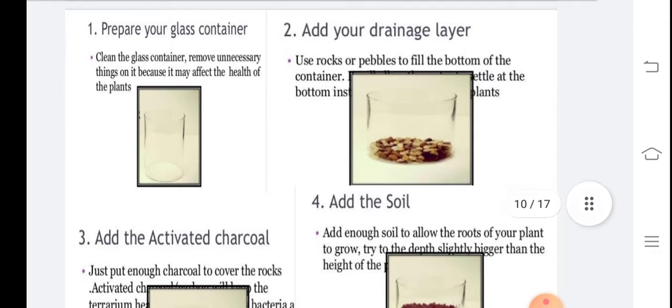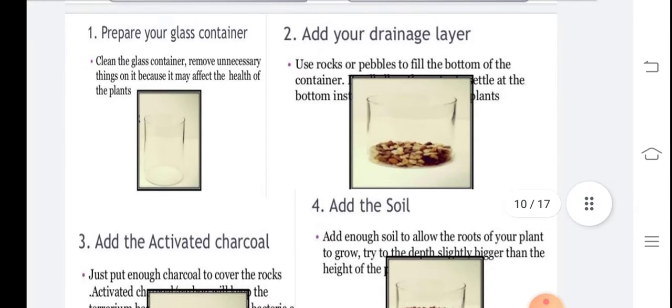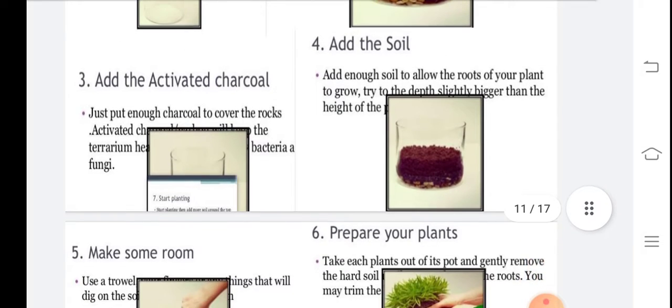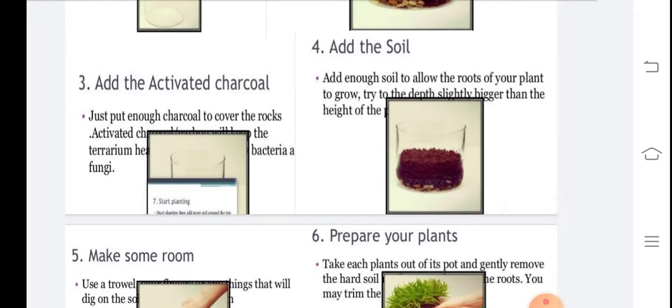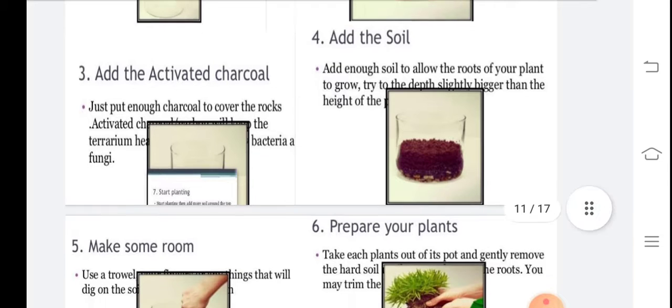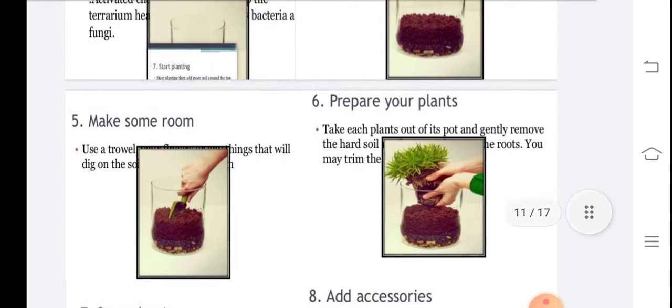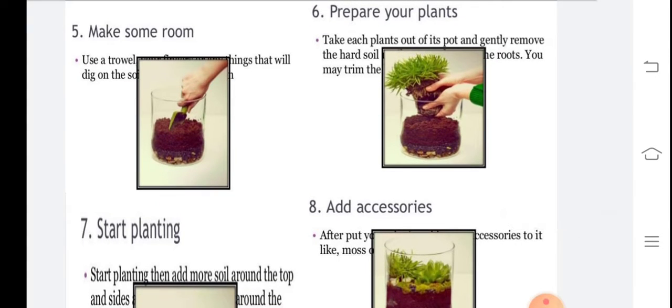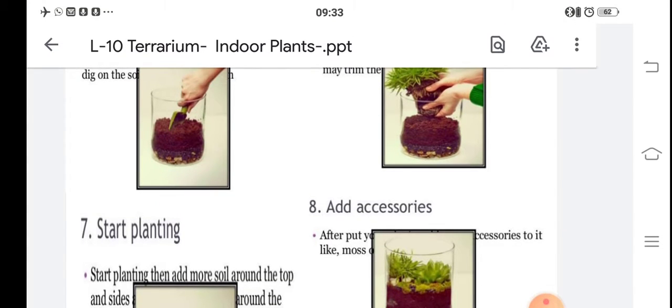Then the preparation of glass containers is like this. First step, second step, add the drainage layer. Third step, add the activated charcoal. Fourth step, add the soil. Fifth step, make some room or space for keeping the plant at the center.